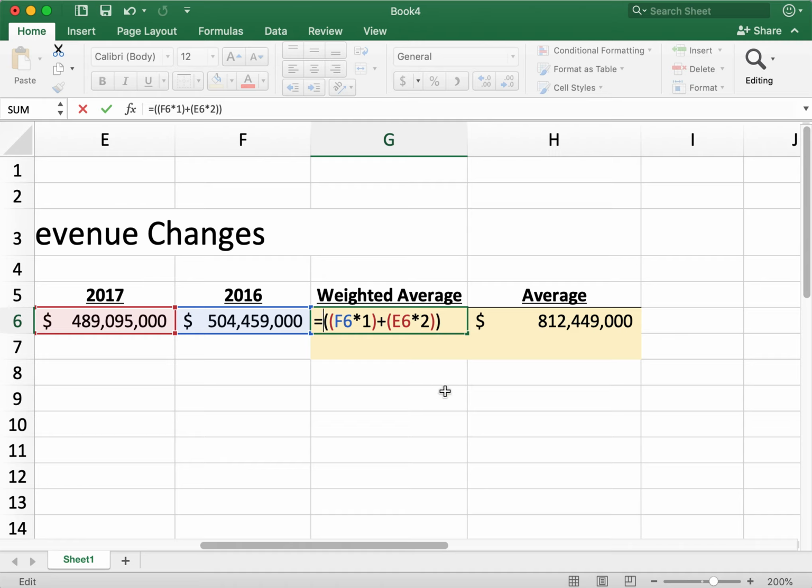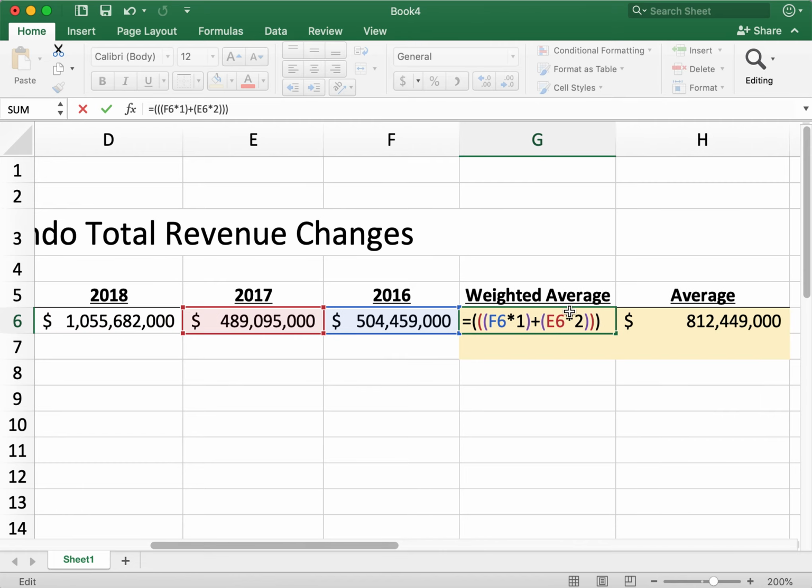If I were to add another set of parentheses right here, you'll see it color codes them as well. So these are the black ones, these are the red ones, these are the purple ones. It's going to try to tell you, hey, this one ends with this one. But this one right here ends with this one. This one right here ends with this one. It tries to help you when you're trying to make these complex equations.